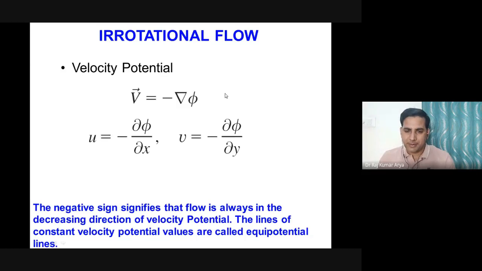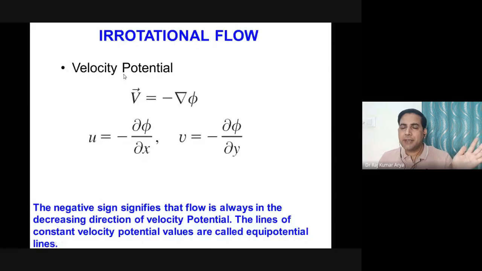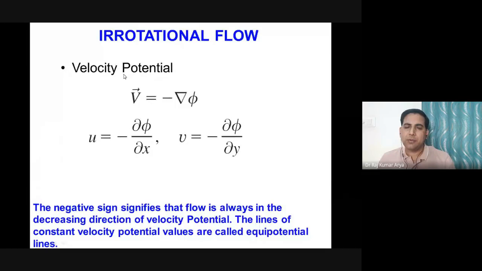So for irrotational flow, there is one term called velocity potential. As we defined the stream function previously, now we are defining something for irrotational flow: velocity potential. Velocity potential is given by the symbol phi, and the velocity vector is given by minus del phi.